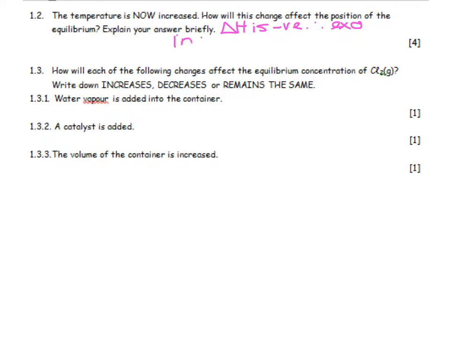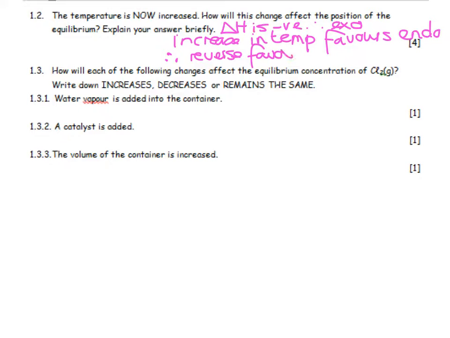Increase in temperature favors endo. Therefore, reverse favored. And then finally, how will this change affect the position of the equilibrium? I think saying reverse favored is probably sufficient, because that's the position of the equilibrium.